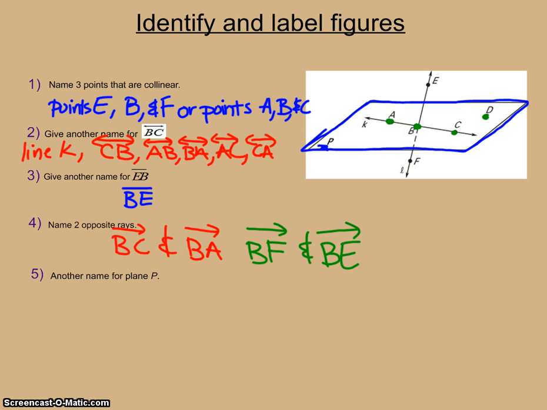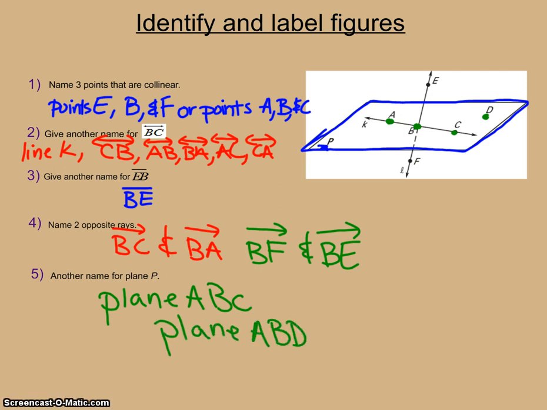Those are shown with those points there. We can pick any 3 points we want to name the plane. I'm going to choose plane ABC. We could use D in there instead of C or B or A. So for instance, plane ABD would also work, substituting in D for C. It doesn't matter which 3 of those points we use, any 3 of them will be correct for that plane.